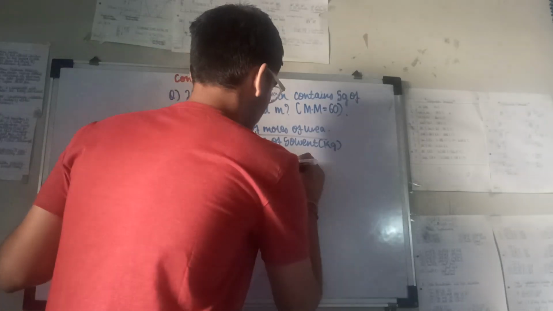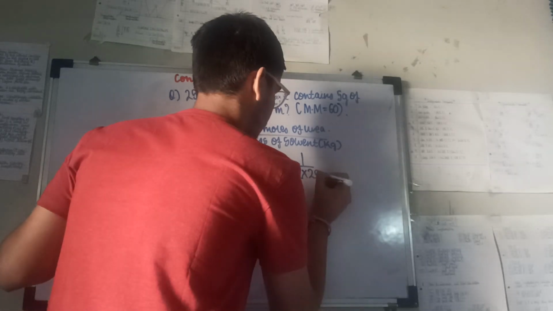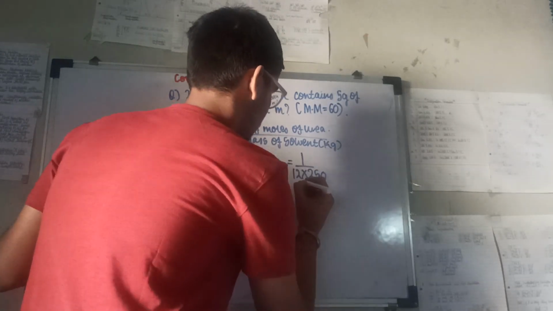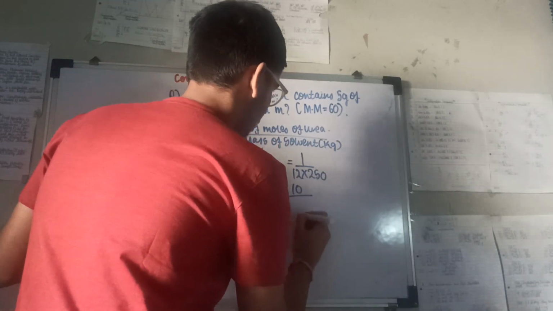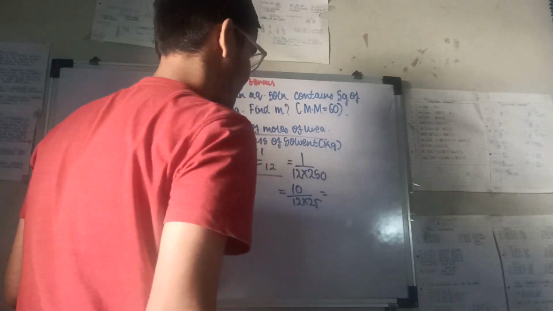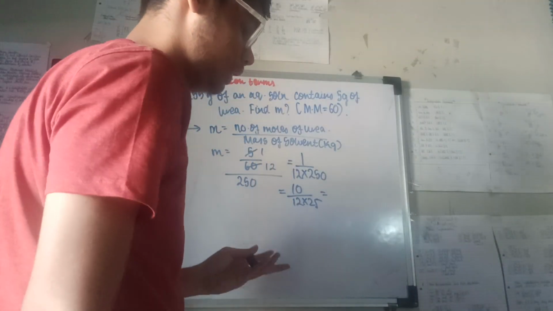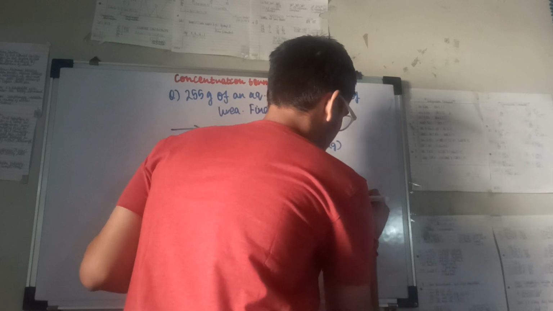So 1 by 12 into 250. So here I will say 10 by 12 into 25. So the answer will be, it's coming very less, that is 0.332 m.